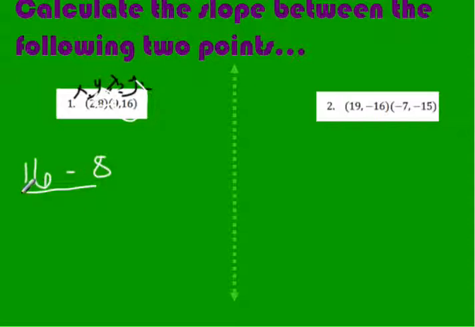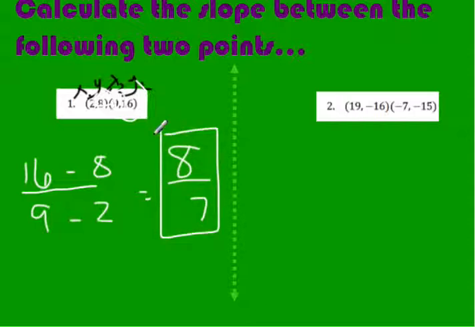Then on the bottom, I'm going to take the second x coordinate, which is 9, and subtract the first x coordinate, which is 2. So 16 minus 8 is 8, and 9 minus 2 is 7. So this is the fraction right here: 8 divided by 7 for number 1.